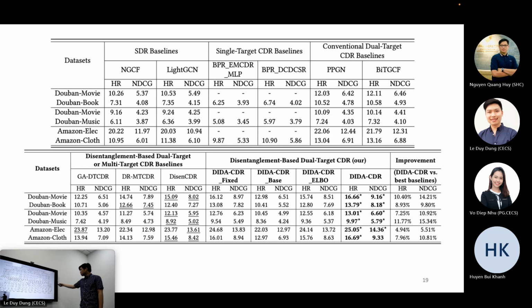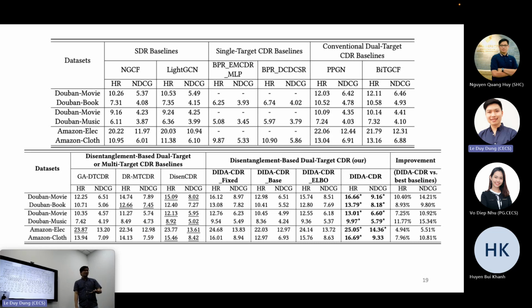Yeah, they show their improvements again over the best baseline. They improve almost 10%. Yes, 10% for the domain movie, and for the Amazon they also achieve significant improvement.